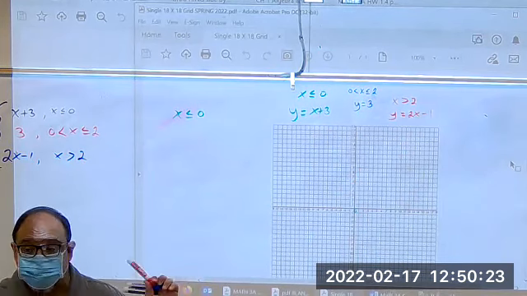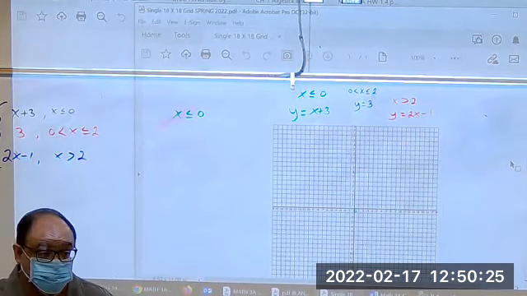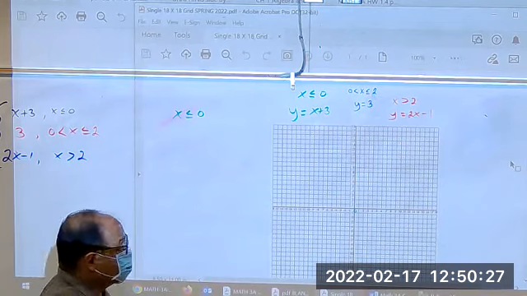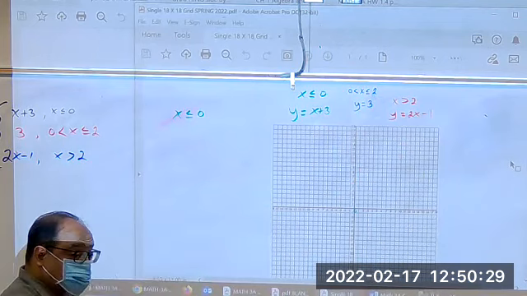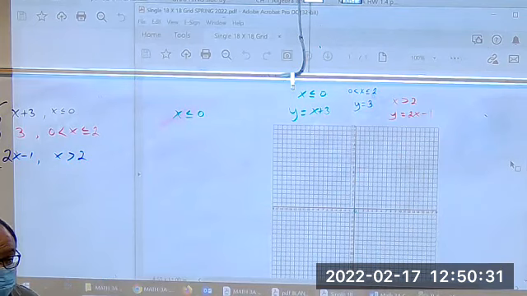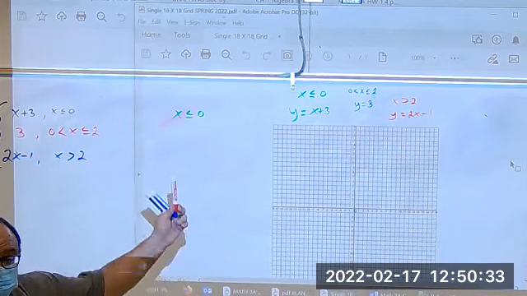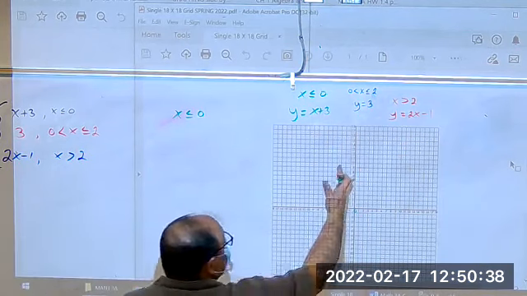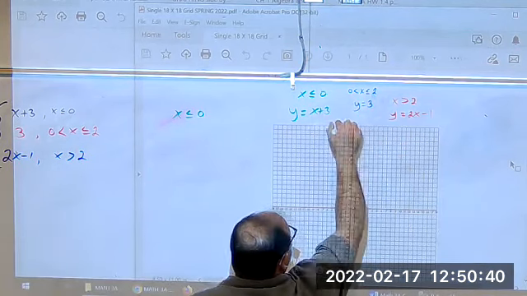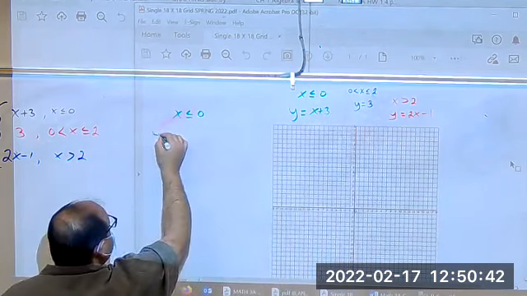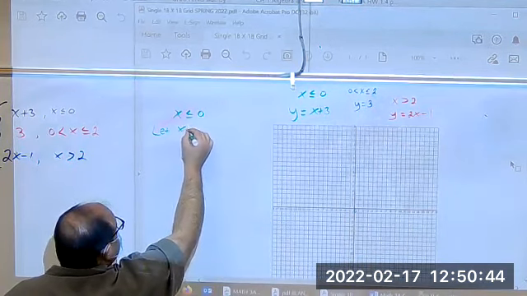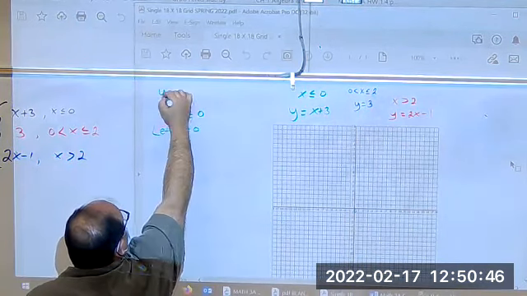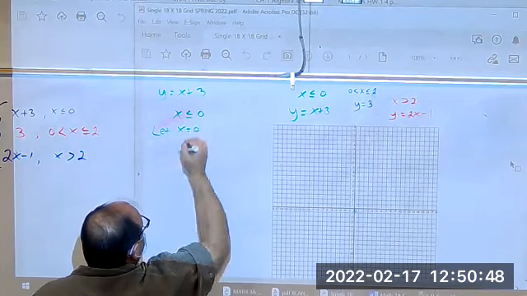And some of you are going to be fine trying to do it that way. I'm showing you, give me 2 points for a line. The first number you want to plug in is the fence. You always start with the fence. The number that separates your two graphs. I'm going to start with plugging in 0. I'm going to let x equals 0, and I'm plugging it into y equals x plus 3.